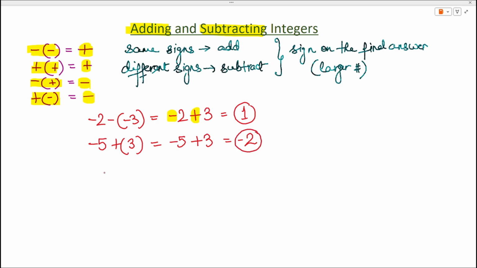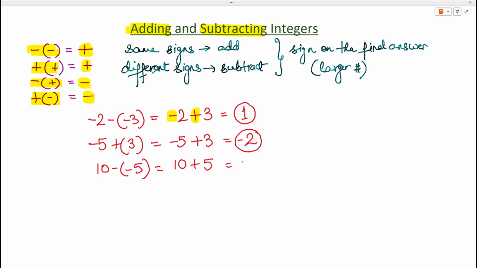Let us look into another one. 10 subtract -5. Again, we'll just write 10 the same way. Negative of negative, we know, is a positive. So +5. Now same signs, we have to add.